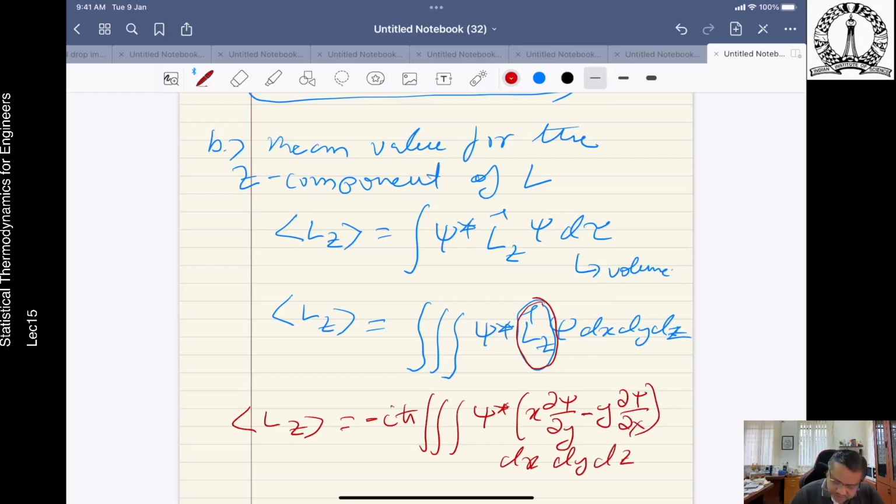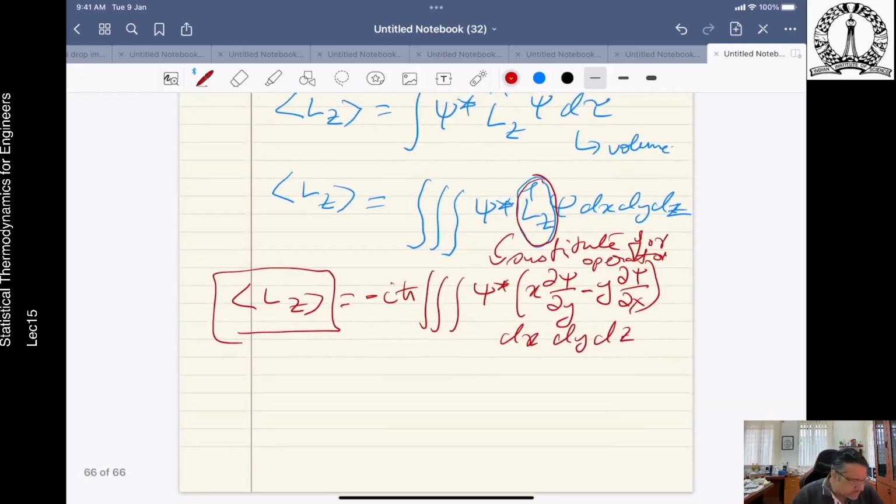So this is the mean value, and this is given when you substitute for the quantum mechanical operator, the form of the operator.